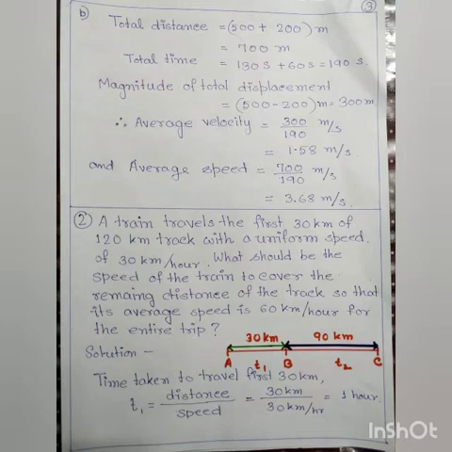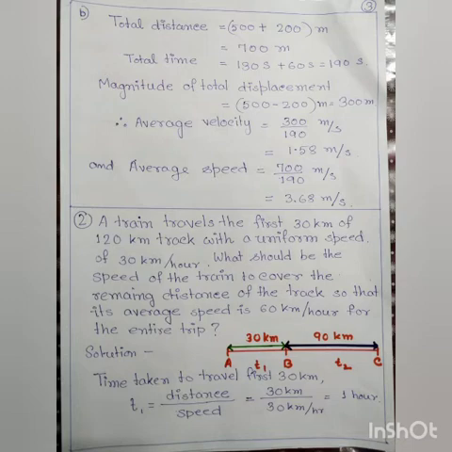Now let us consider our second numerical. A train travels the first 30 km of a 120 km track with a uniform speed of 30 km per hour. What should be the speed of the train to cover the remaining distance of the track so that its average speed is 60 km per hour for the entire trip?